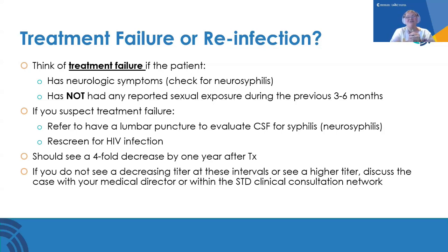We need to refer them for a lumbar puncture so that we can rule out syphilis in the spinal column and the CSF. If they have syphilis that has invaded the central nervous system, Bicillin will not work. You have to use IV penicillin in order for it to cross that neuro barrier. And always screen for reinfection for HIV.